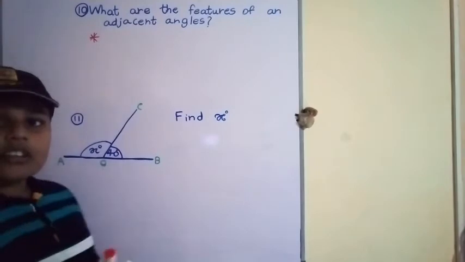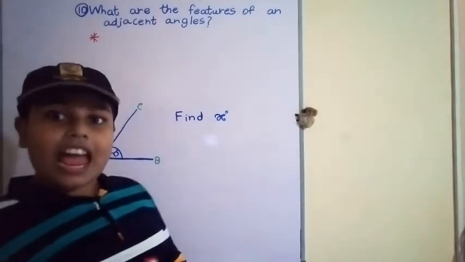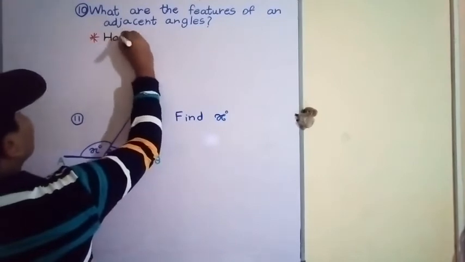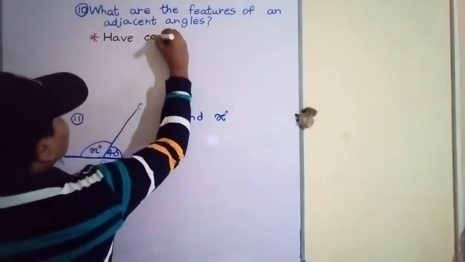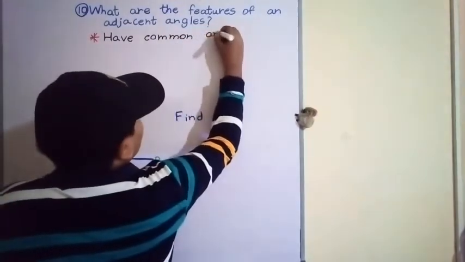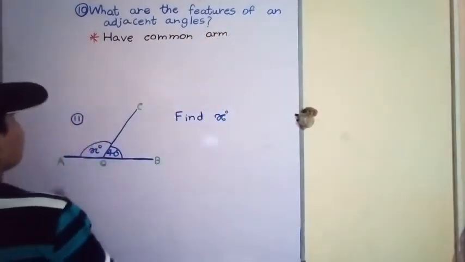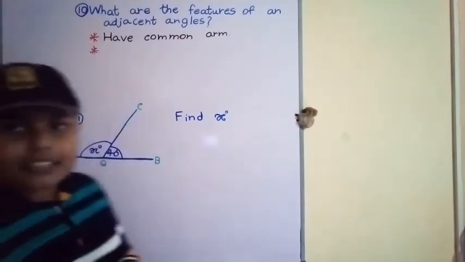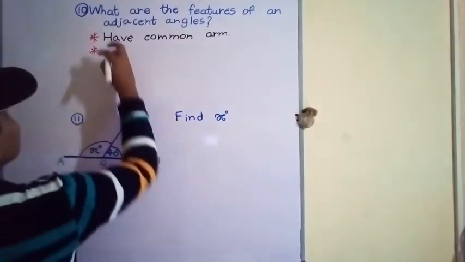Now you want to firstly have a common arm. That is the first feature. The second feature is a common vertex.